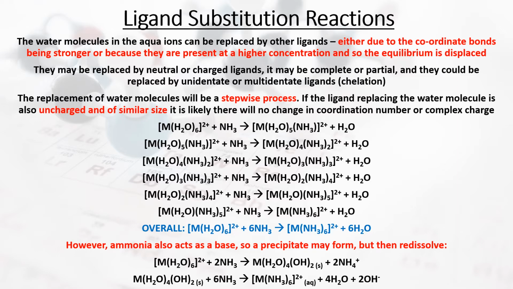Or we can actually write it as 2 reactions that demonstrate that it acts as both a base and a ligand. And so essentially we have our ammonia acting as a base. So we can write it here as reacting with 2 lots of NH3, it's acting as a base, so it's going to take 2 protons from our water molecules. That's going to produce 2 lots of the ammonium ion, NH4+.